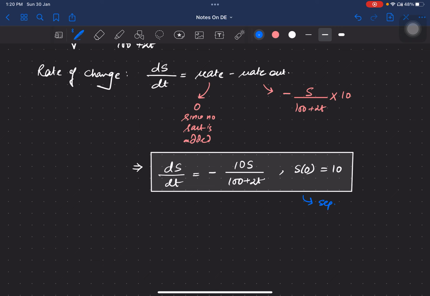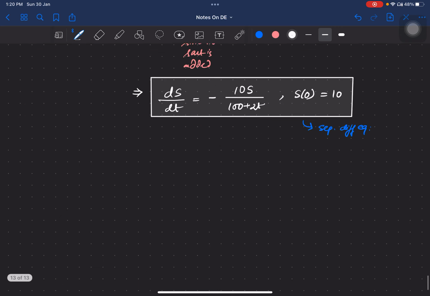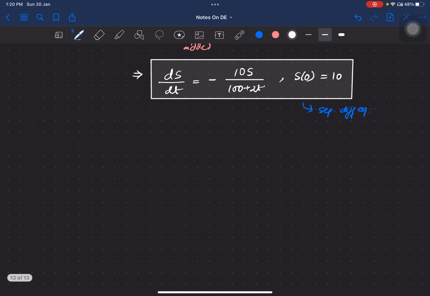So this is also separable. What we get from here is dS/S equal to minus 10 by (100 plus 2t) dt.